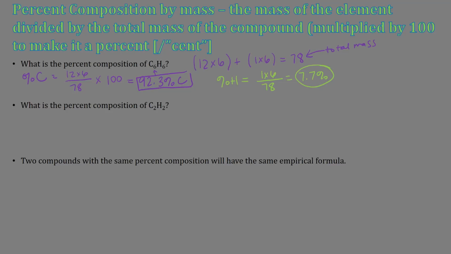So if I look at percent of carbon here, I'm going to have 12 times 2 divided by, and this time the mass is going to be 12 times 2 plus 1 times 2, which is equal to 26. So 24 divided by 26 comes out to be 92.3%.